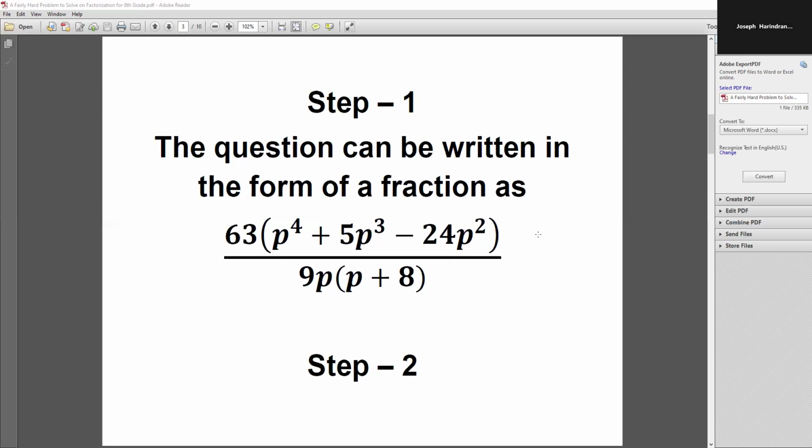The dividend should come in the numerator and the divisor should be in the denominator. While dividing an algebraic expression by another algebraic expression, we do that first. First, we express it as a fraction in the form of numerator by denominator, dividend in the numerator and the divisor in the denominator.